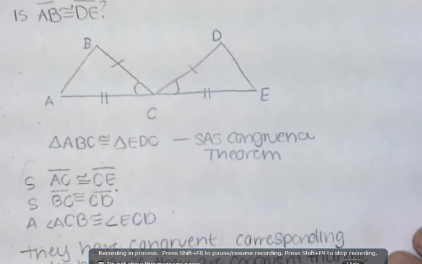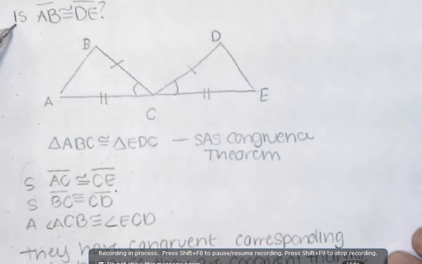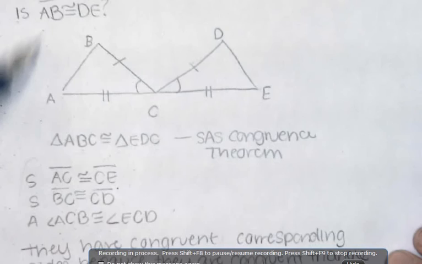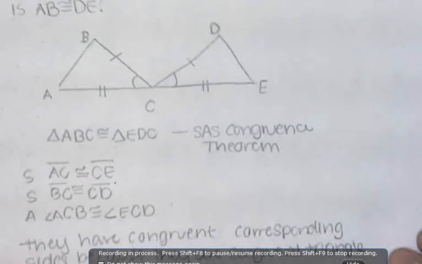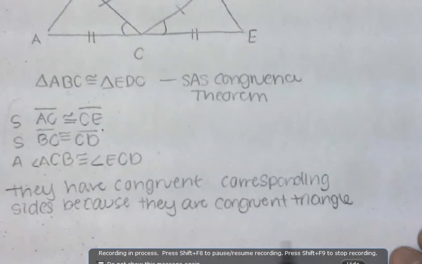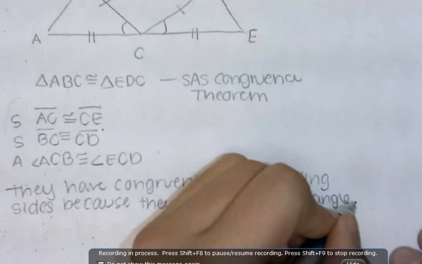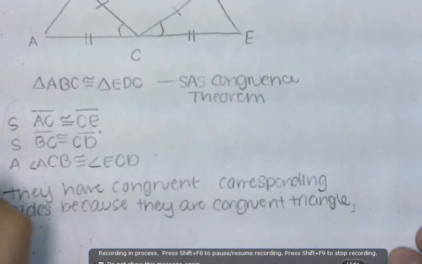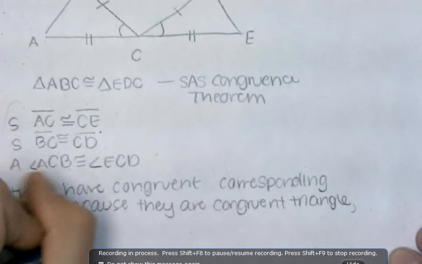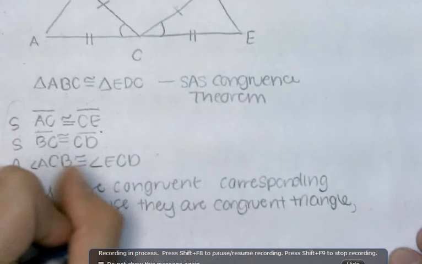So in order to answer the question, are these two segments congruent, I could say they have congruent corresponding sides because they are congruent triangles. So yes, AB is congruent to DE.